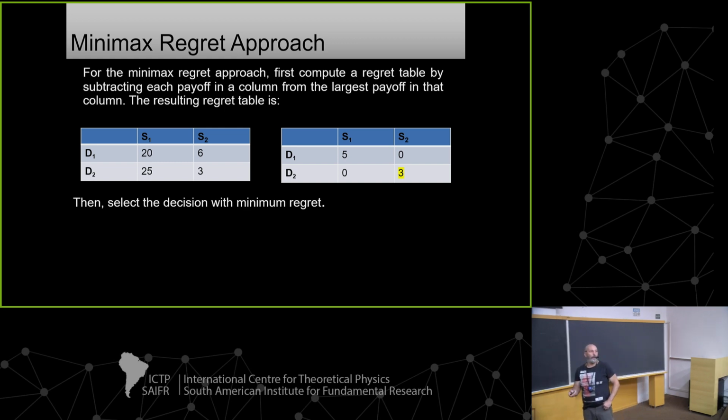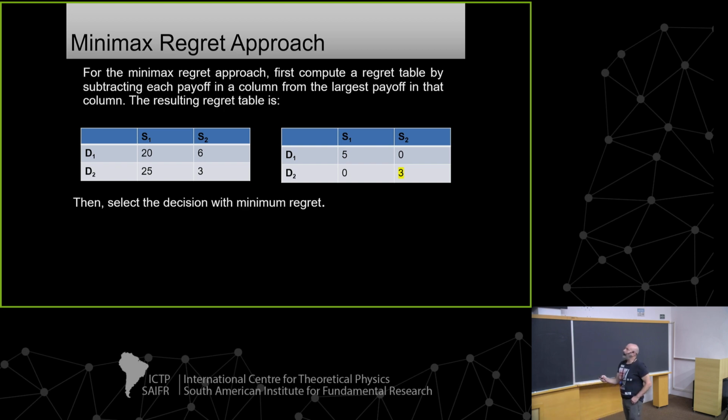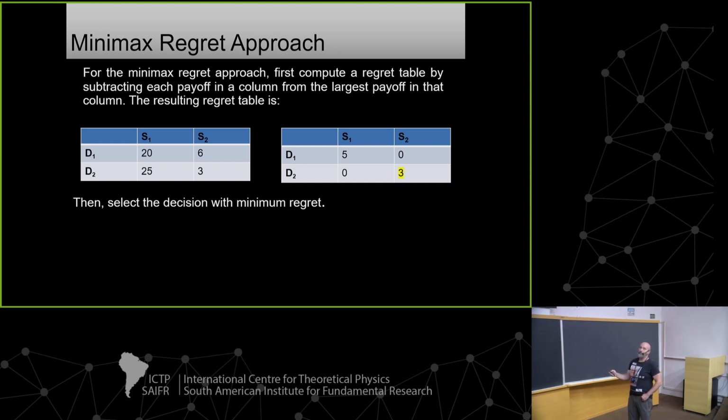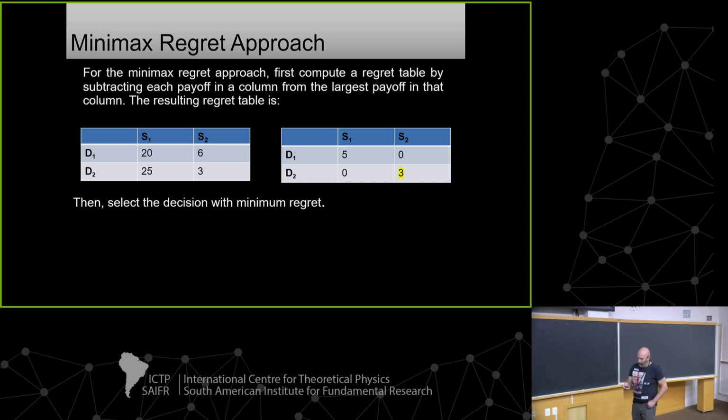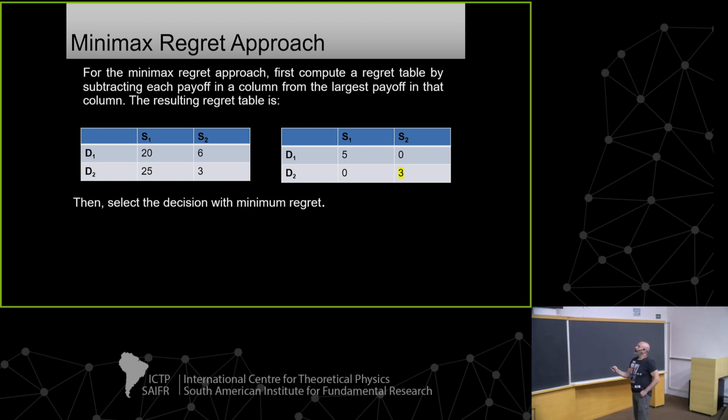So I will get the highest payoff. But if I choose D1 and the situation S1 is happening, I will have a regret because not having chosen the right situation. And this regret can be measured, and is 5. It's the difference between what I would have obtained if I had made the right decision. And the same here. Okay?